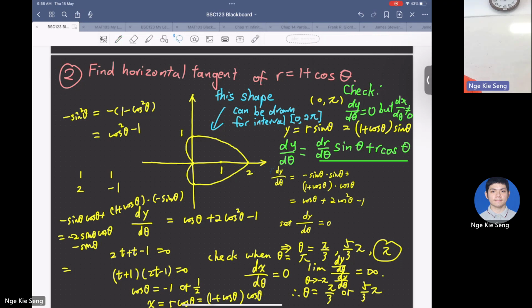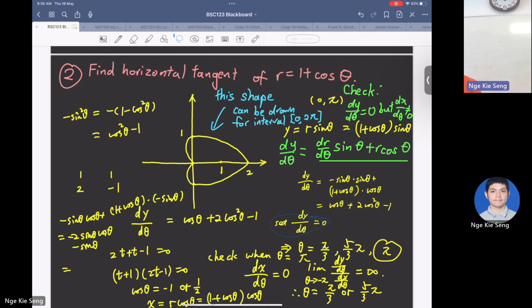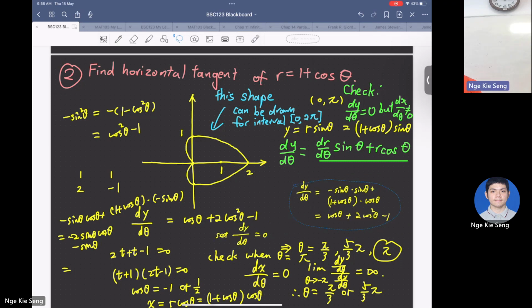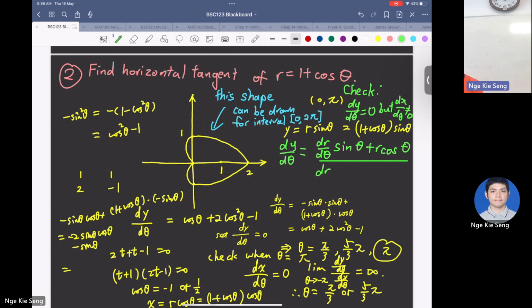Divided by what? dr d theta cos theta minus r sin theta. Okay, this one is dy dx. So depending on which one is easier, you compute the tangent at that point.